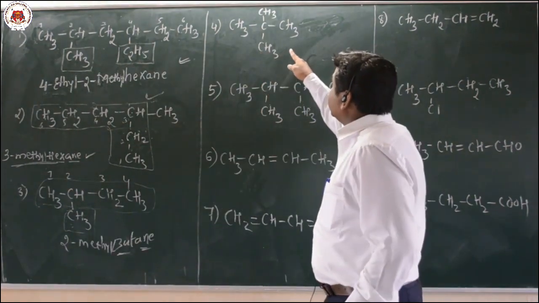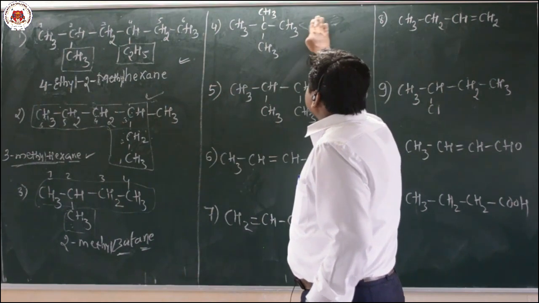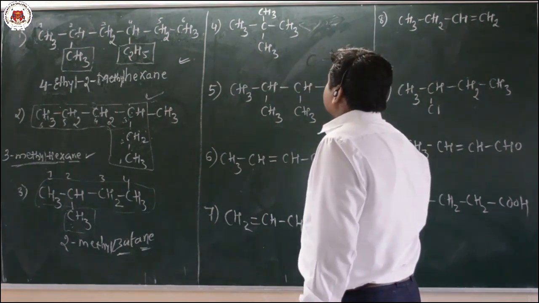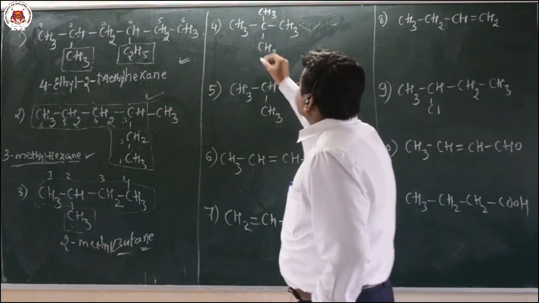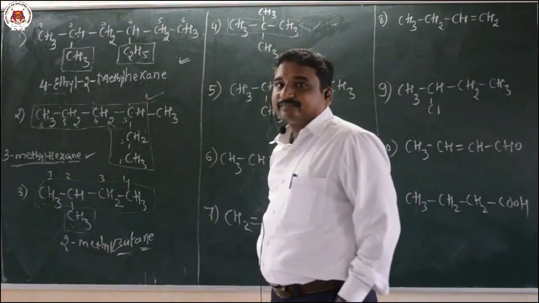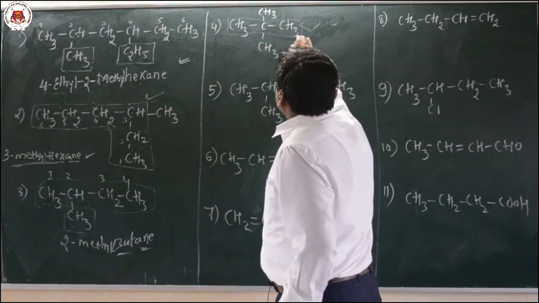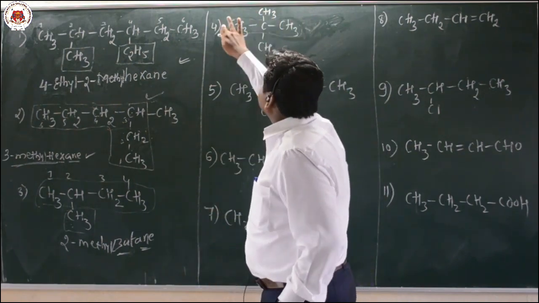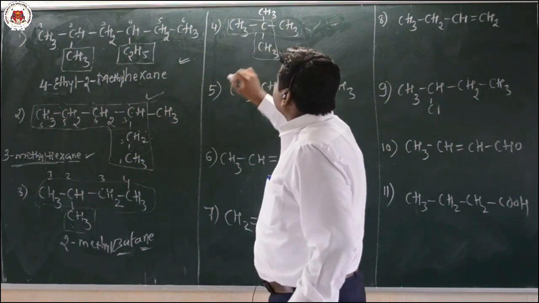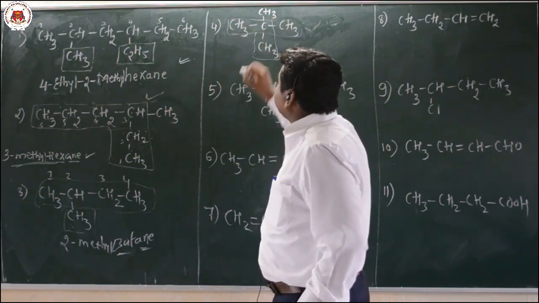So next one, another example I have written already. So first you have to select the longest chain. If you select this longest chain, there are 3 carbon atoms. And one more possibility is there. If you select this one, again this one has 3 carbon atoms.